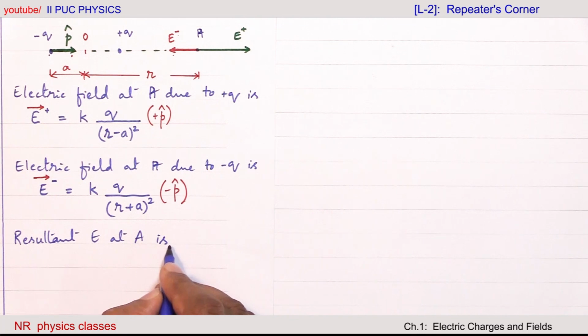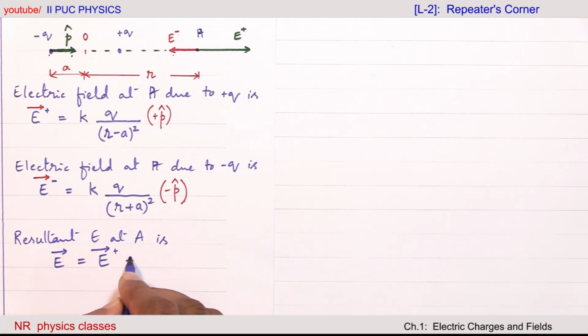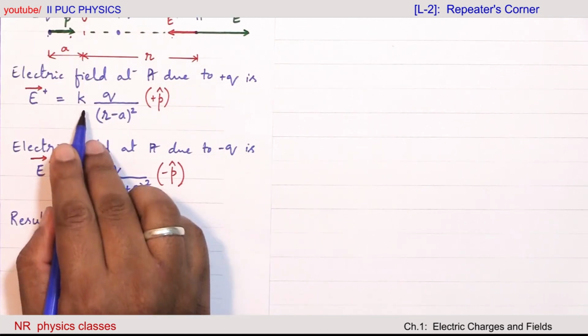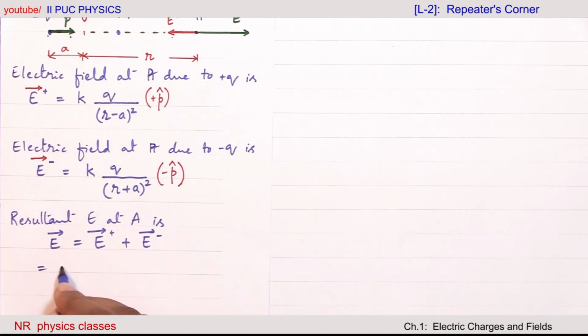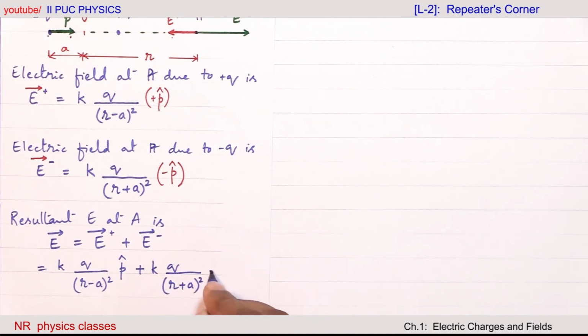Resultant electric field at A is E equal to electric field due to positive charge plus electric field due to negative charge, meaning the vector sum of these two is the total electric field. E plus is constant Q by R minus A whole square into P cap, plus E minus is constant Q by R plus A whole square into minus P cap.